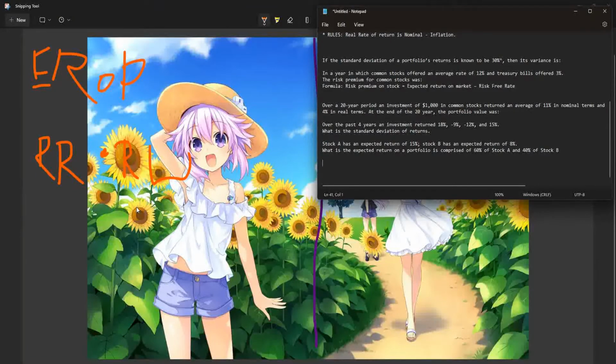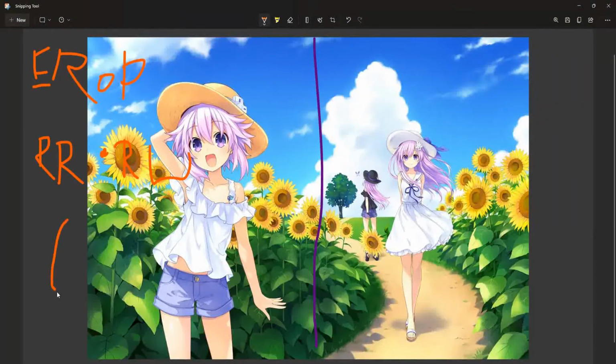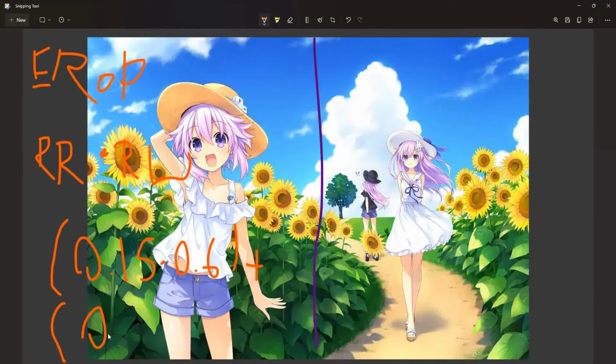Instead, seeing as we know that the expected return is 15% for stock A and stock A is 60%, it'll be open parentheses, 0.15 multiplied by 0.6, close parentheses, plus 0.08 multiplied by 0.4.